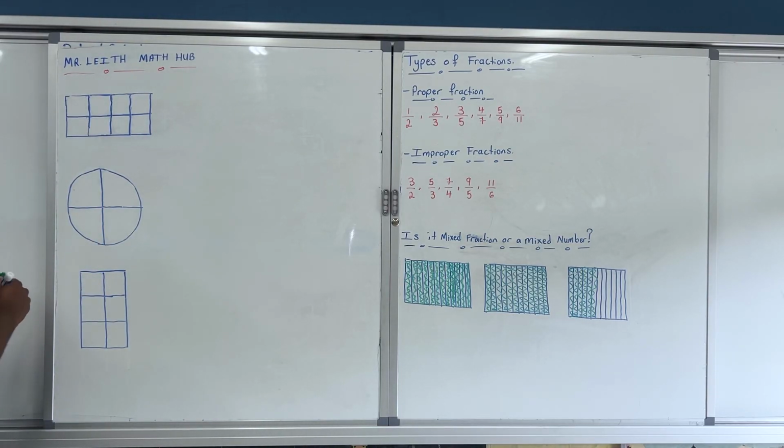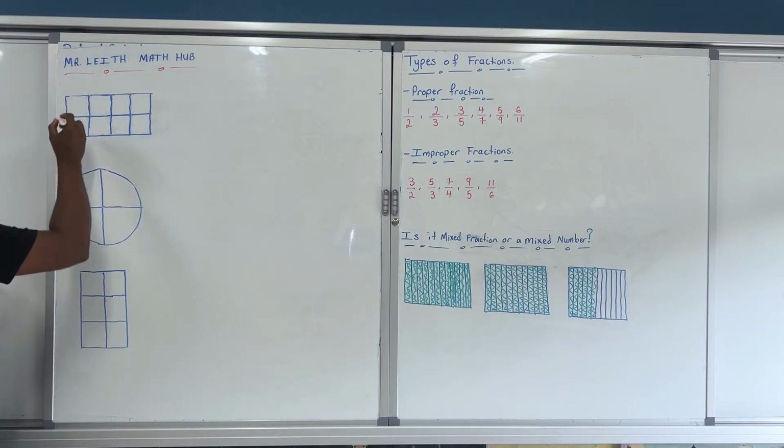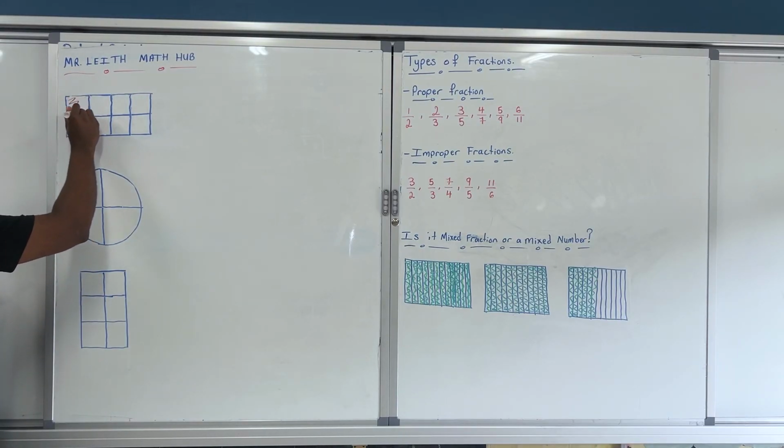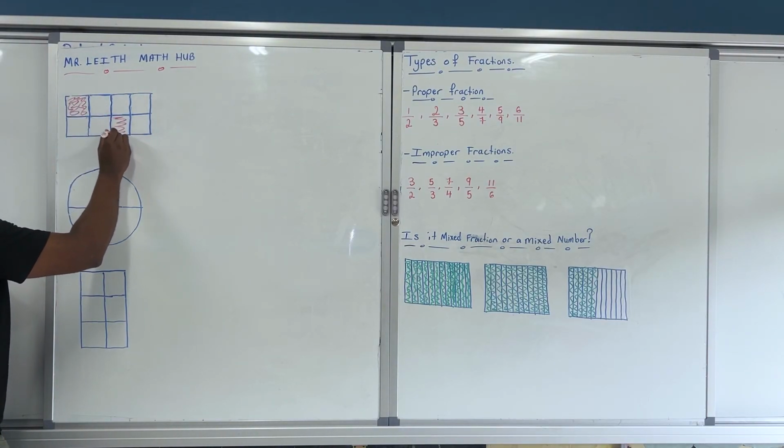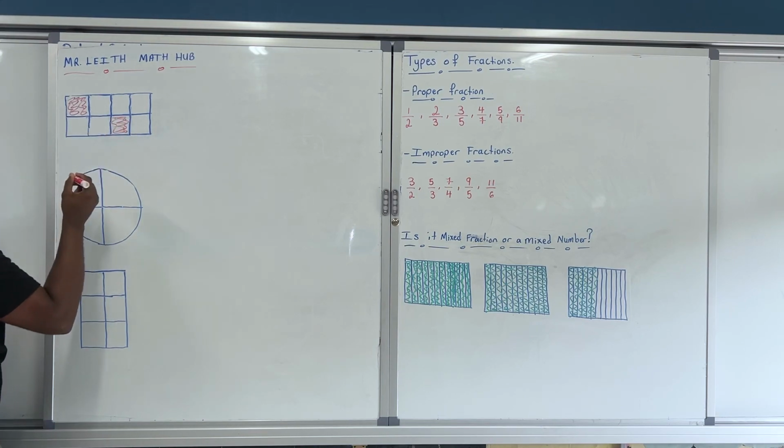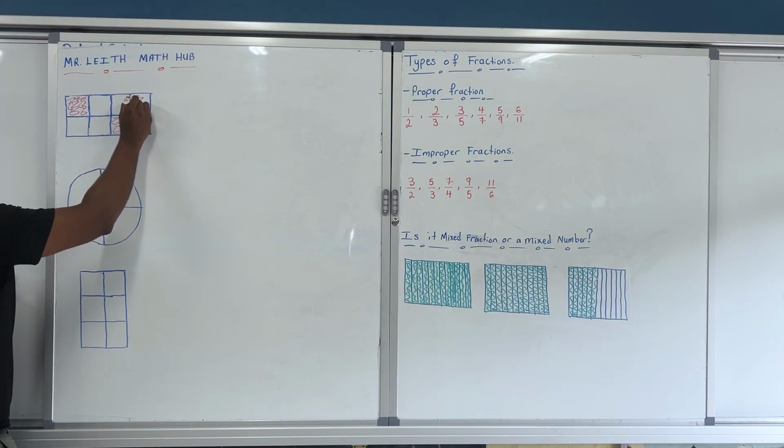So let's say I ate this piece, and I went ahead again and ate this piece. Feeling a little bit more hungry, I was home again and ate this piece.